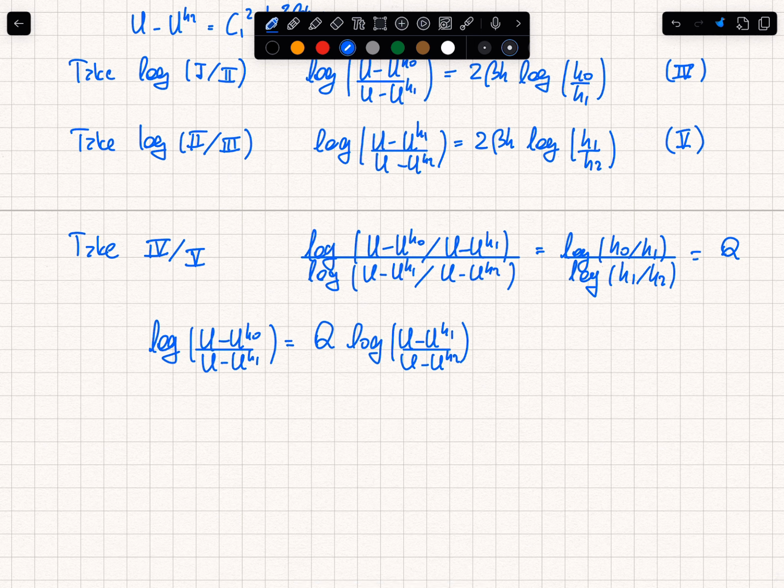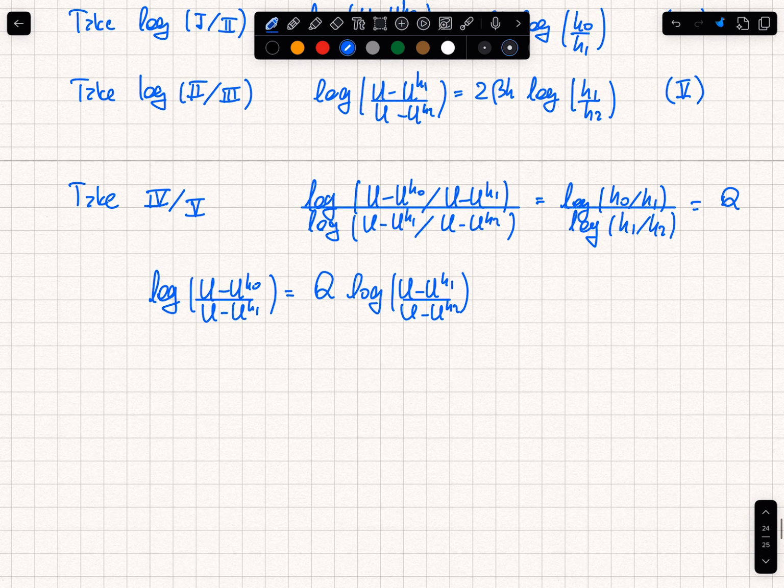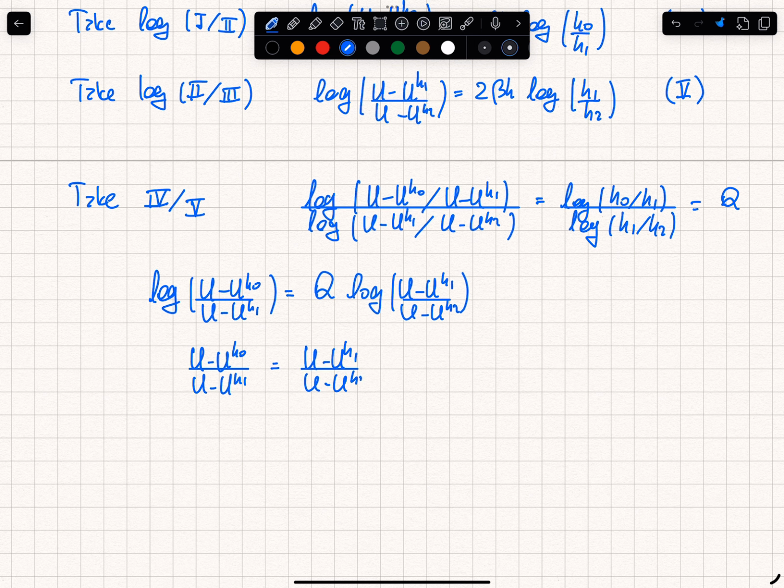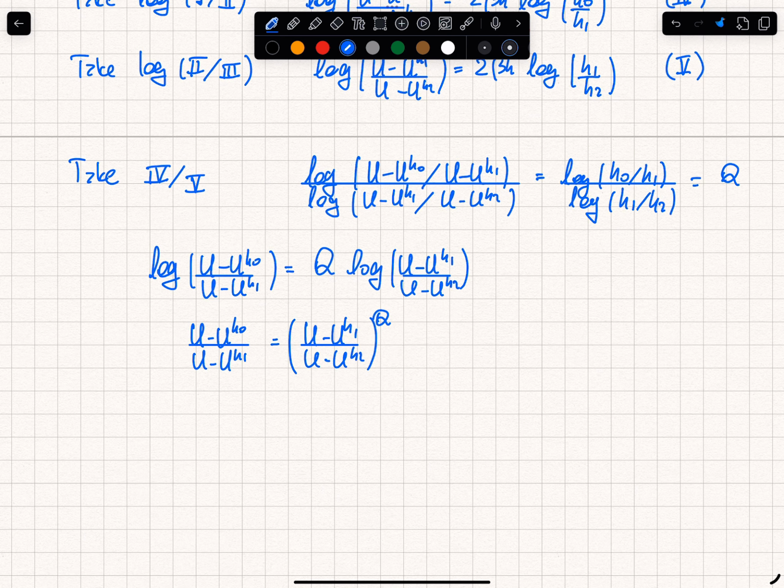And then you see that we get into a nonlinear equation of the form (U - UH0)/(U - UH1) = ((U - UH1)/(U - UH2))^Q. And this is a nonlinear equation.